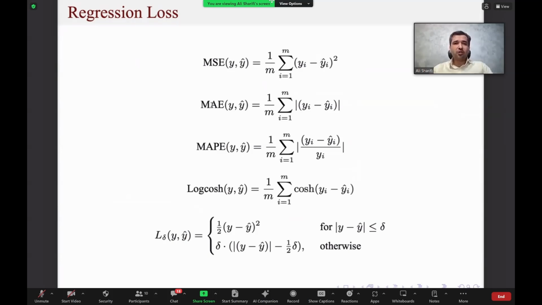We also have the mean absolute error, where we simply replace this power of 2 with an absolute function, but the mean function is the same, or mean absolute percentage error, or other regression losses.